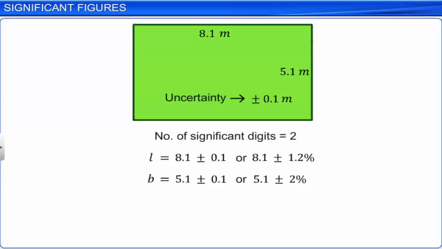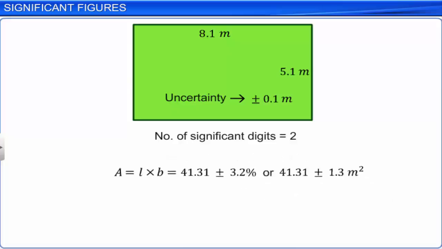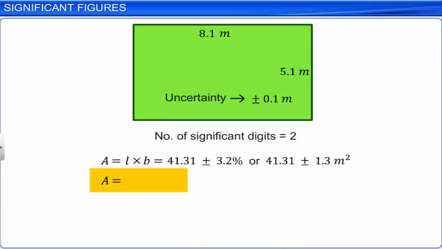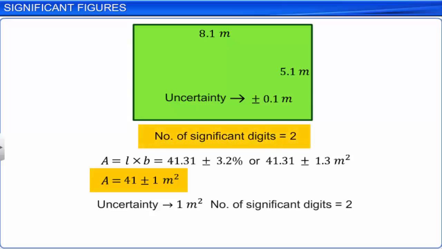Hence, using the combination of errors rule, the area of the field calculated as the product of these two quantities would be 41.31 plus or minus 3.2% or 41.31 plus or minus 1.3 square meters. We can report this as 41 plus or minus 1 meter square. Here, 1 square meter is the error in the result. Thus, the result also has 2 significant digits, which is same as the original data.